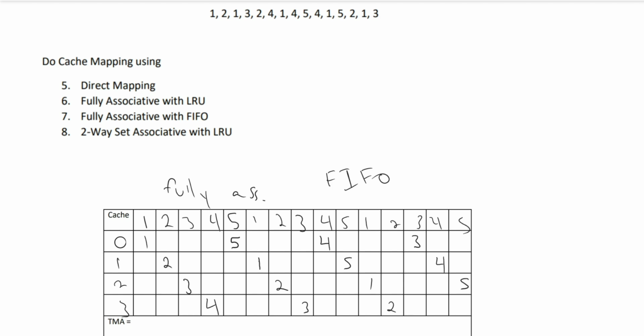So I think it literally missed every single time, right? That was literally 0 hits and 1, 2, 3, 4, 5. Literally 15 misses.